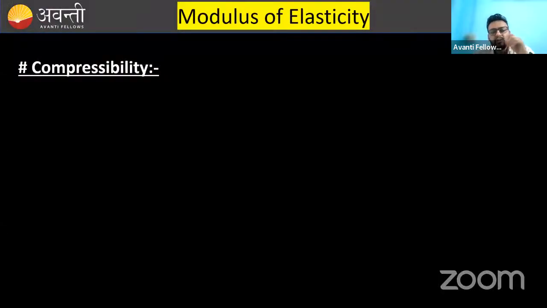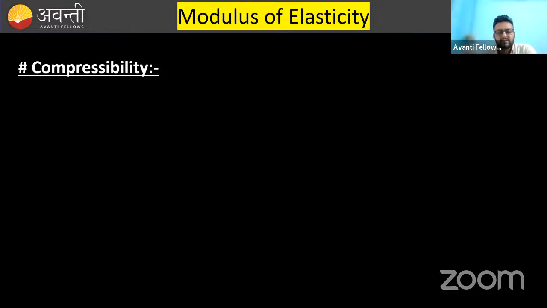Now, in today's session, this is a simple definition. What is compressibility? Compressibility is nothing but the reciprocal of bulk modulus. Sometimes it may come in the form of a definition or in a simple numerical.